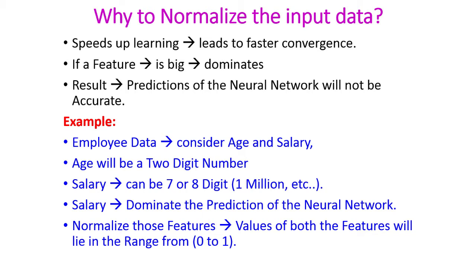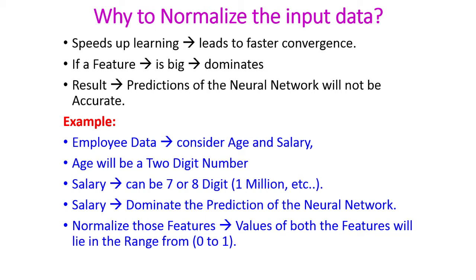If a feature in the data set is big in scale compared to others, then this big scaled feature becomes dominating, and as a result of that, prediction of the neural network will not be accurate.